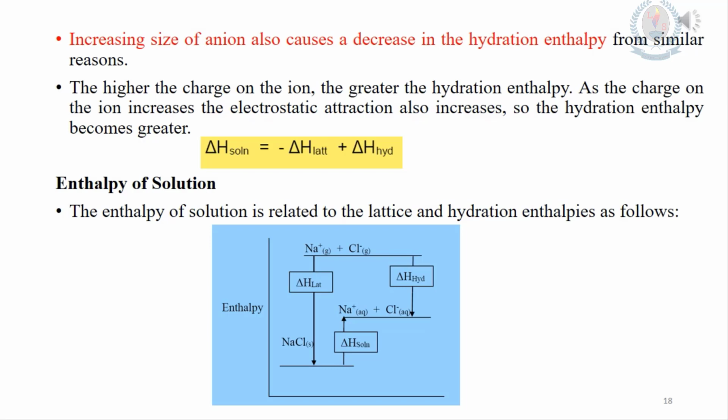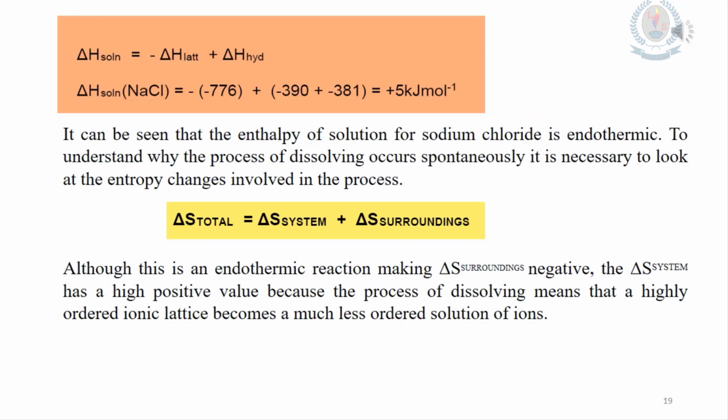Now we will talk about enthalpy of solution. The enthalpy of solution is related to the lattice and hydration enthalpies as follows. Now you can refer to this energy diagram. You can find delta H solution by using the equation: delta H solution equals minus delta H lattice plus delta H hydration.